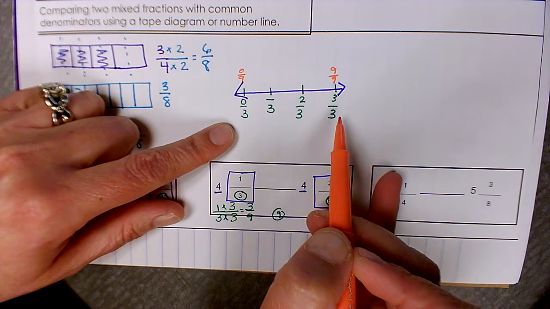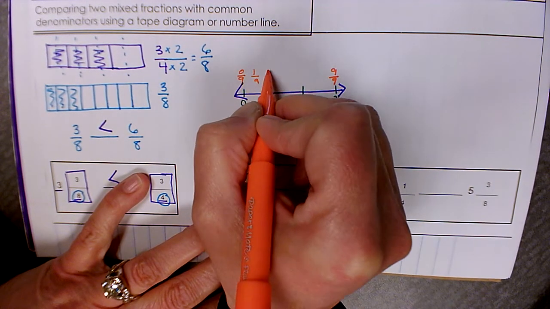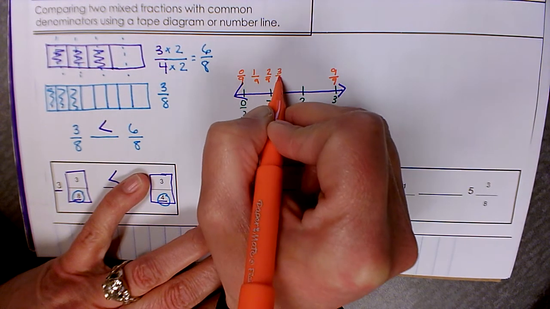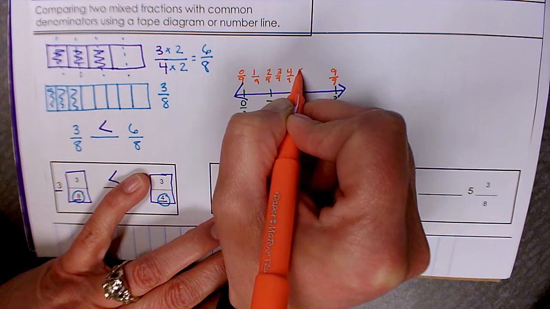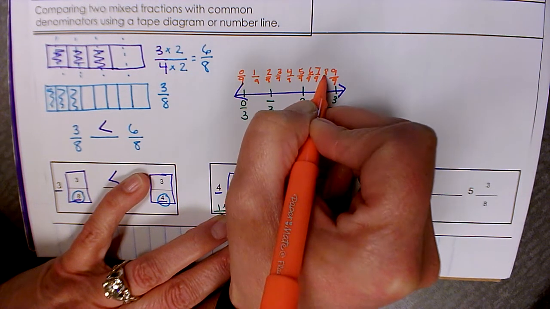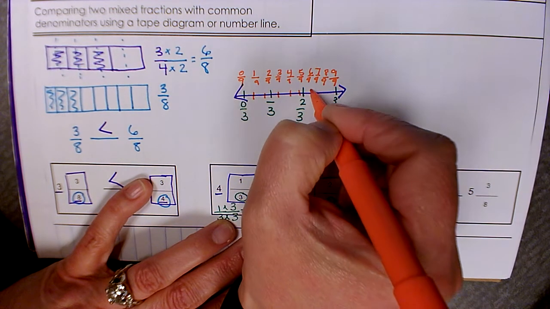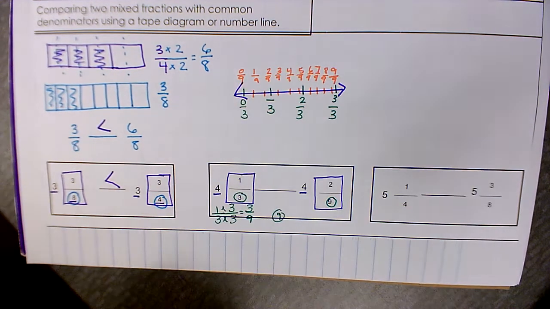Thirds was easy because I could spread them out, right? But 9ths have to be a little bit closer. So I'm going to go 1/9, 2/9, 3/9, 4/9, 5/9, 6/9, 7/9, 8/9. Ooh, look how closely those are really spaced together, right? Because it's smaller pieces.